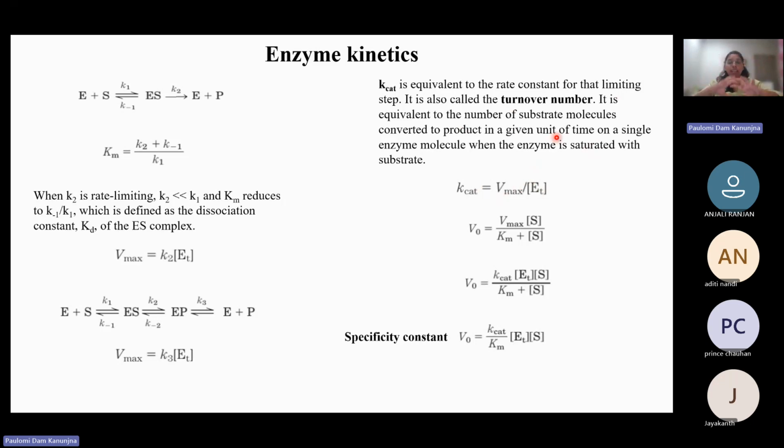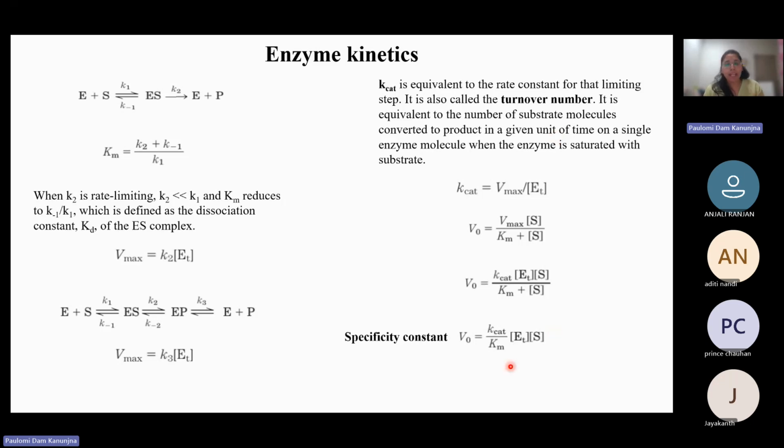So when all the enzymes are bound to substrate, at that point it's called saturated. And when you have that, how many substrates it can convert is what is referred to as a turnover. How many substrates have turned over to a product, so turnover number, right?